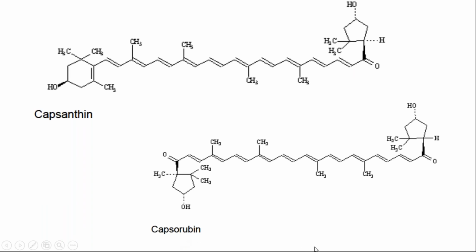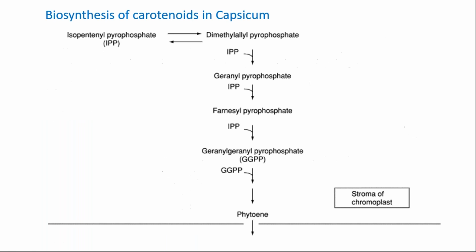If you look at how these carotenoids are synthesized in the plant, all the carotenoid biosynthesis in capsicum has a common pathway. They start with isopentenyl pyrophosphate, and they go to give you phytoene, and this biosynthesis takes place in the chromoplast.